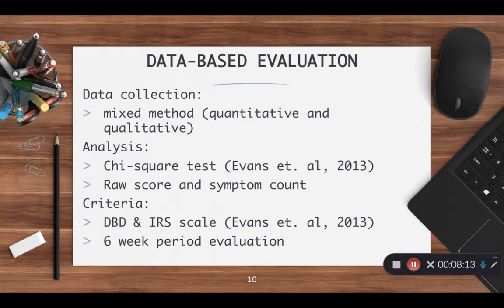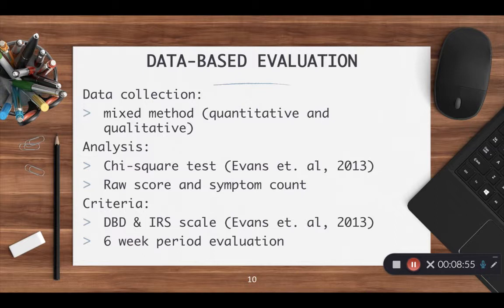This is the data-based evaluation. For the data collection, I saw that there was a benefit of a mixed method, quantitative and qualitative. The quantitative analysis used the chi-square test, which focused on the 3-factor symptom, so you're able to see numerically how these symptoms were improving, not improving, or staying the same with the implementation of the classroom interventions.